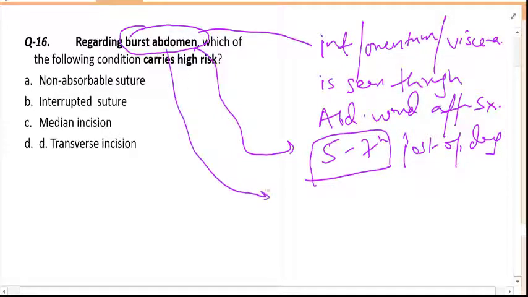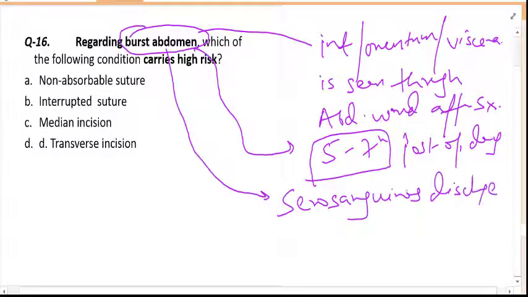There is one more question about this burst abdomen, what is the telltale sign? We can say the characteristic sign of this is serosanguinous discharge. So serosanguinous discharge, we can say pink color discharge between 5th to 7th day, basically tells that the patient is going to have burst abdomen very soon.